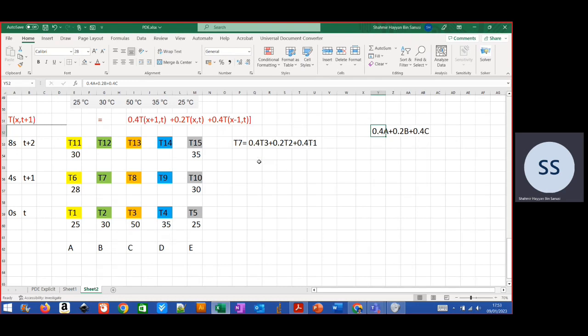Since we already know T3 is 50, T2 is 30, T1 is 25, just put them in your calculator. So T7 is equal to this.